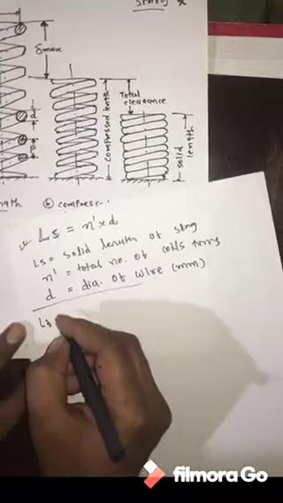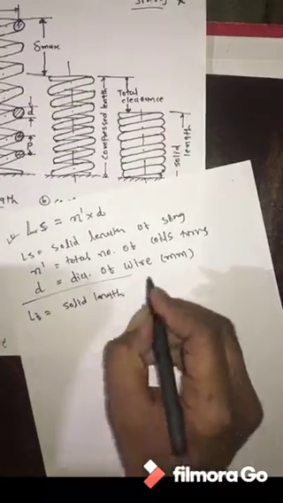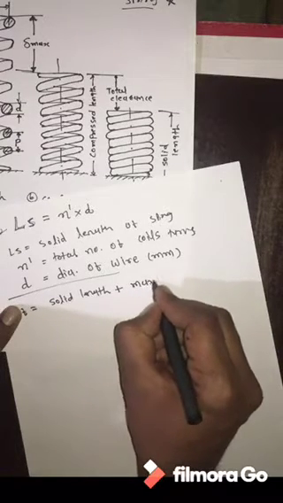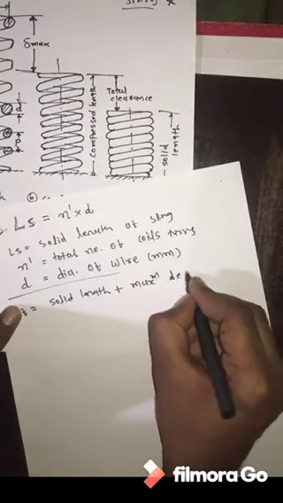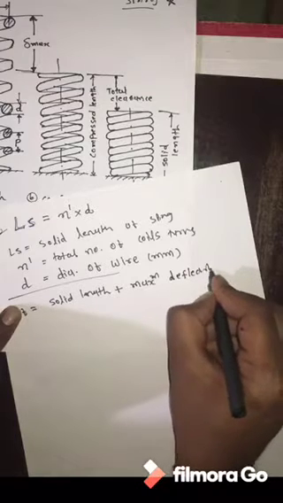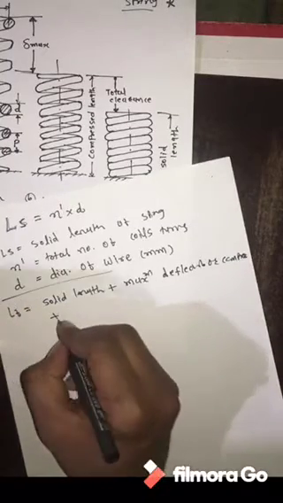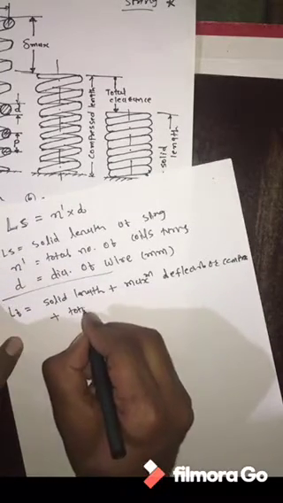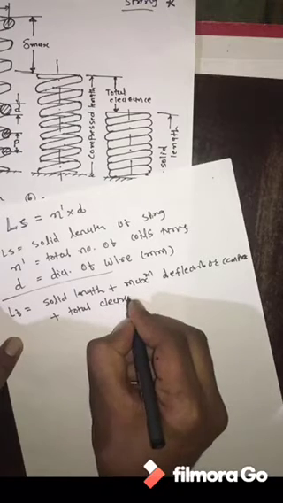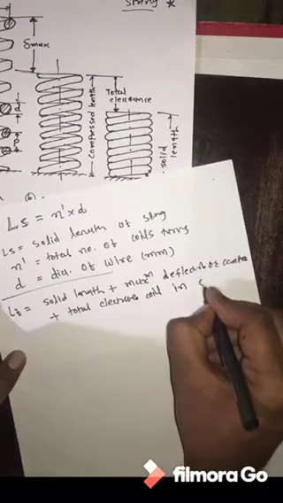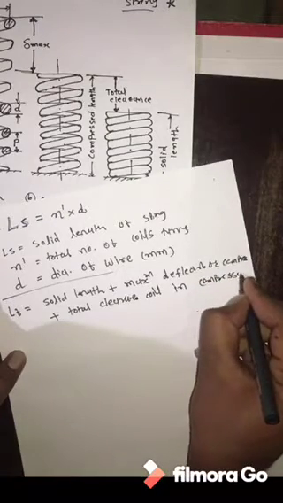LF. Free length is solid length plus maximum deflection or compression plus total clearance between coils in compressed condition.